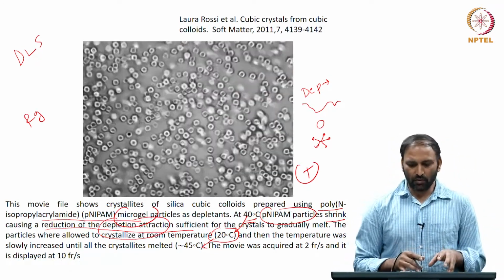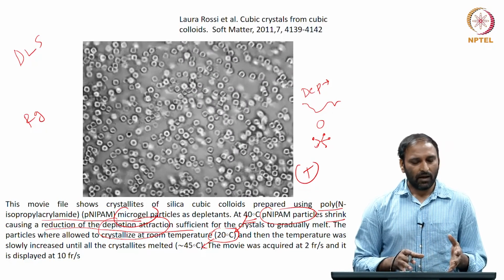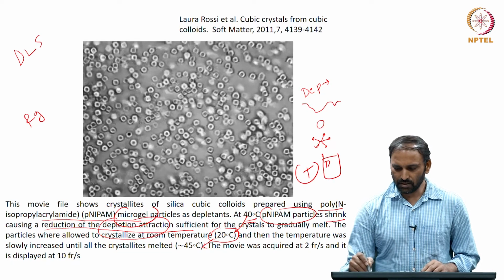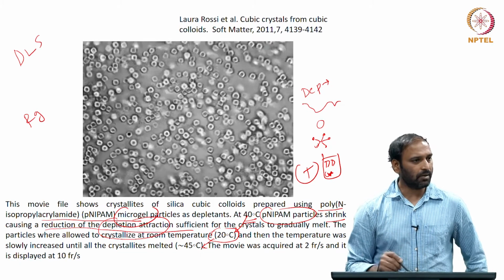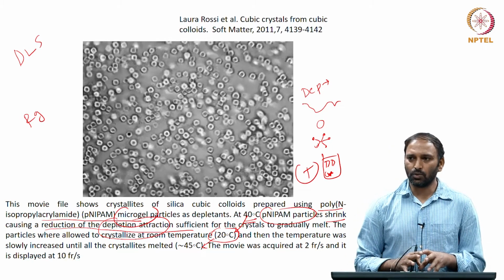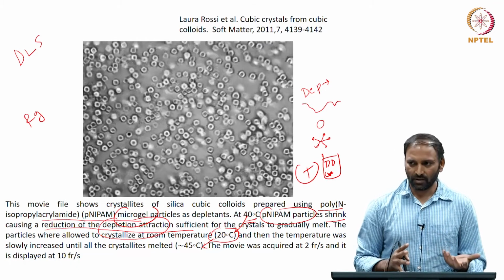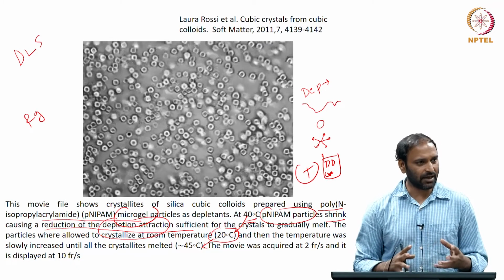So what is being done is that I can work with a system of cube-like particles and this p-NIPAM, and subject it to heating and cooling cycles. I can tune the depletion interaction depending upon their size.